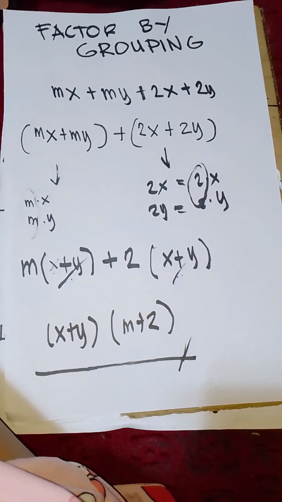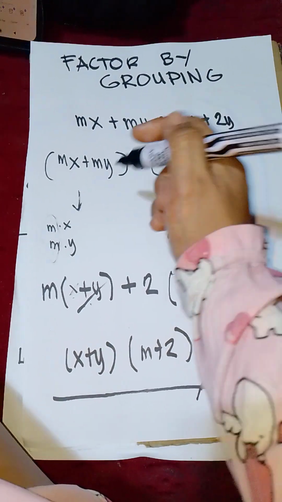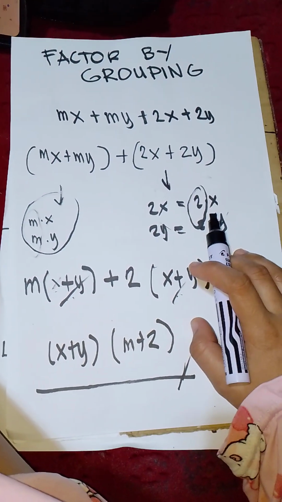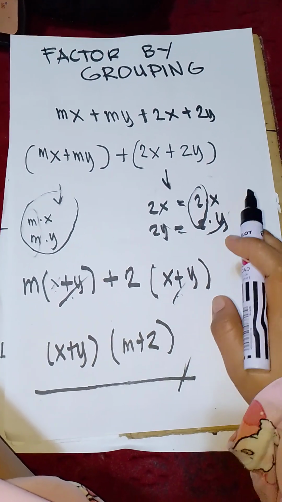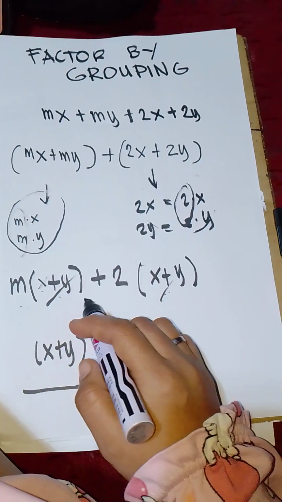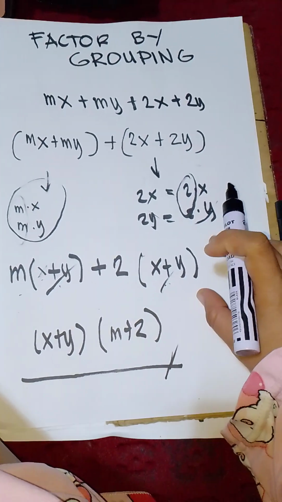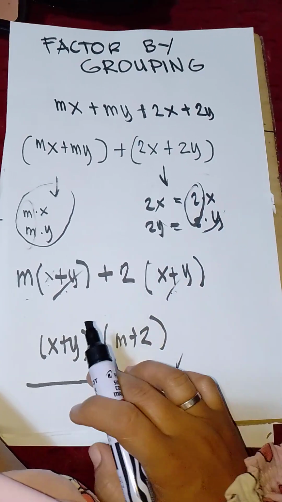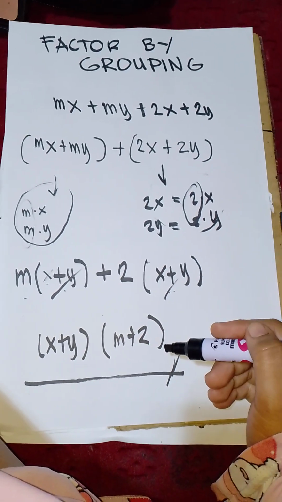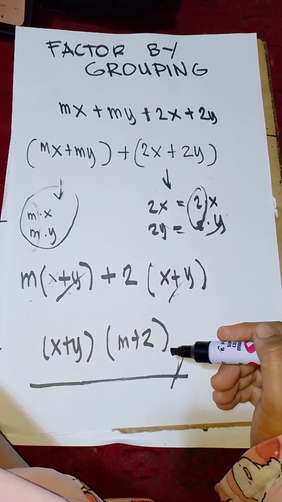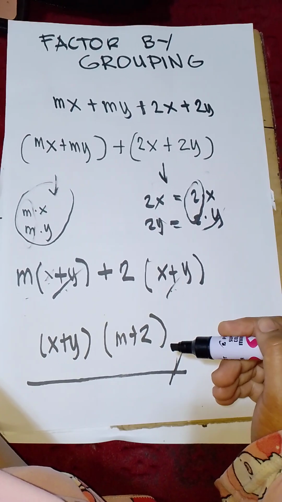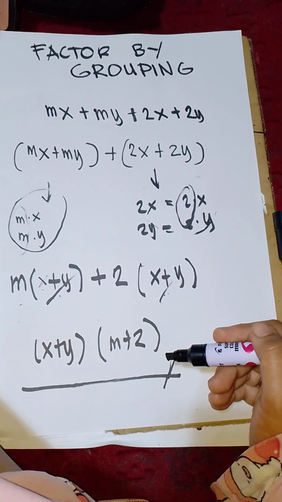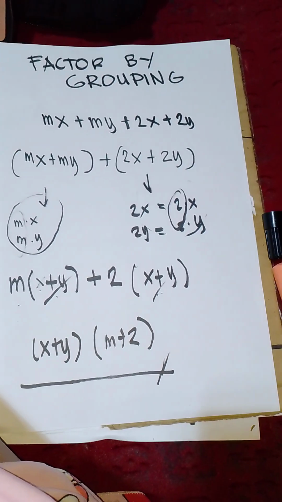So as you can see, for factor by grouping, first we do the monomial common factor, and then after that we proceed to the binomial common factor, and after that we can already get the answer. So we are going to do 2 steps before getting the answer.